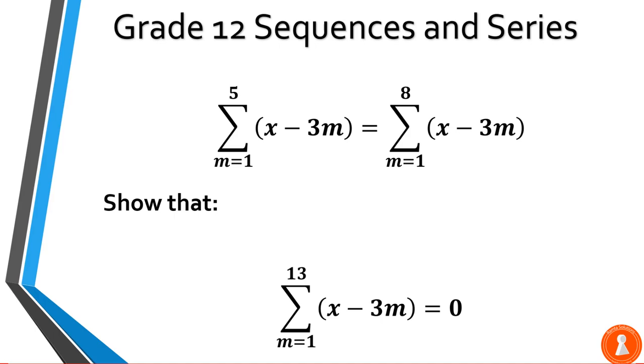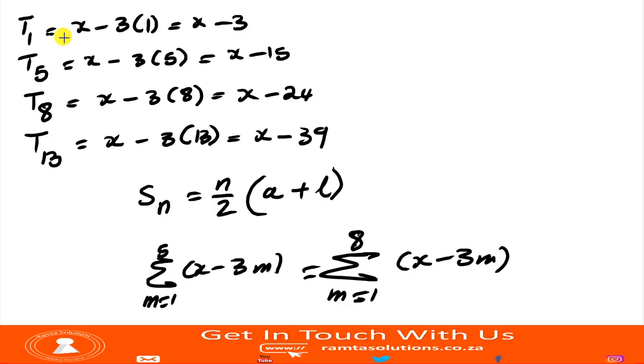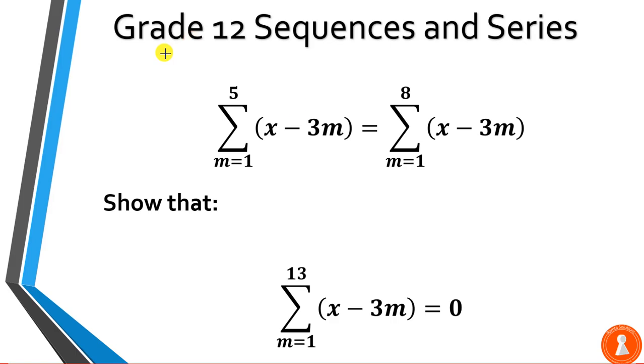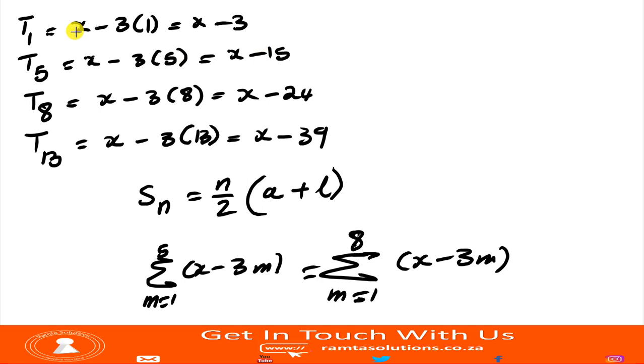Remember, we wanted these terms because we can see that the general term is an arithmetic sequence. This is an arithmetic series, or you can still call it an arithmetic sequence. So it was easy for us to say we don't have to find term 1, term 2, term 3, we can just find the important terms.